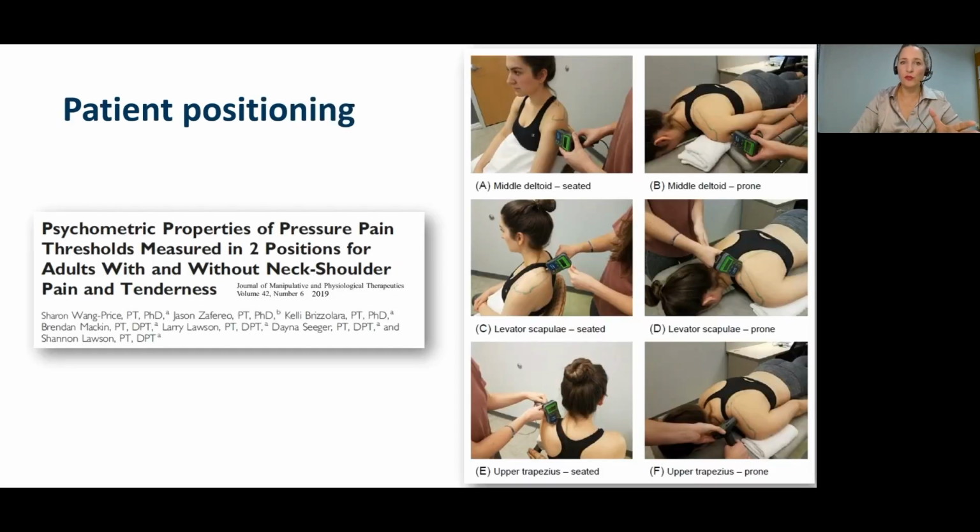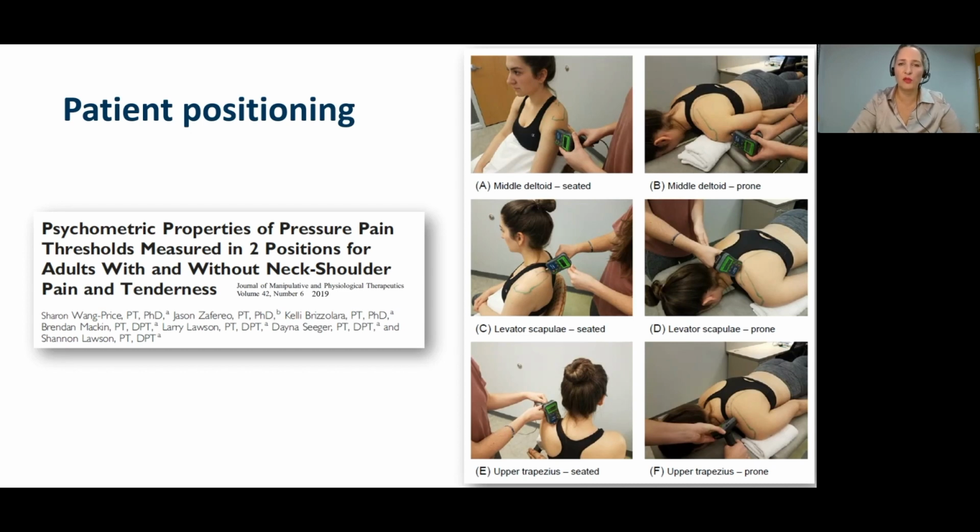I talked to you before that patient positioning is super important, and this was actually studied by Sharon Wang-Price back in 2019. She looked at patients with symptomatic neck shoulder pain with intermittent pain and tenderness, and also asymptomatic individuals, and they did 4 trials per body site per position.